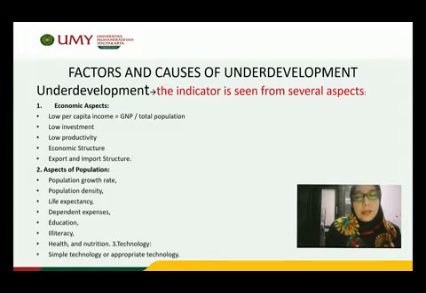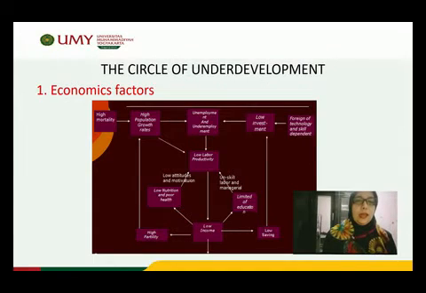And then dependent expenses, education, health and nutrition, simple technology or appropriate technology. Okay, and now about the circle of underdevelopment.